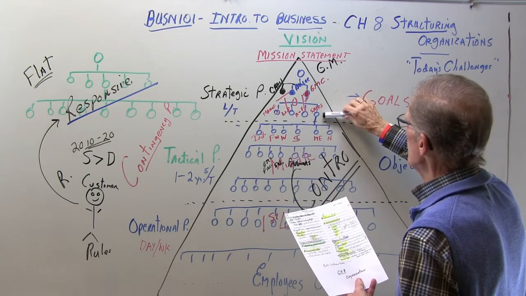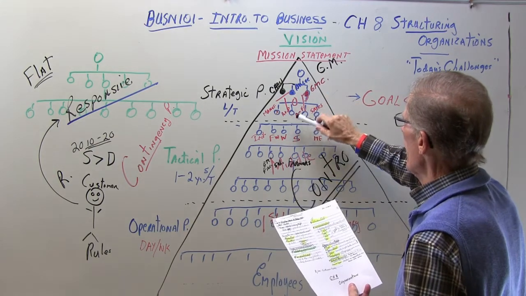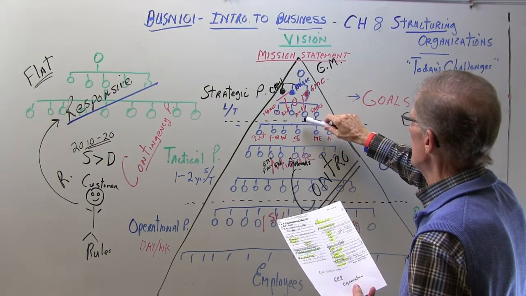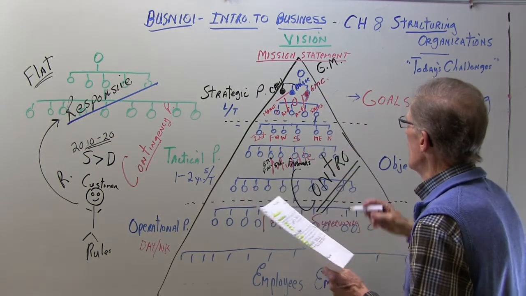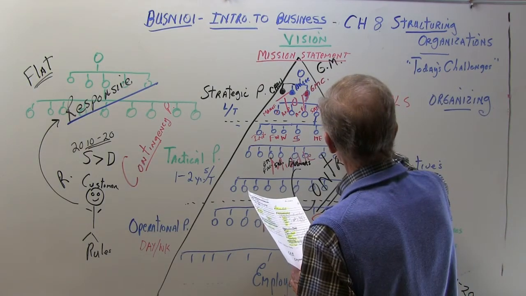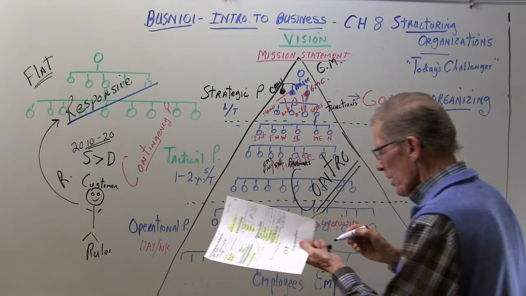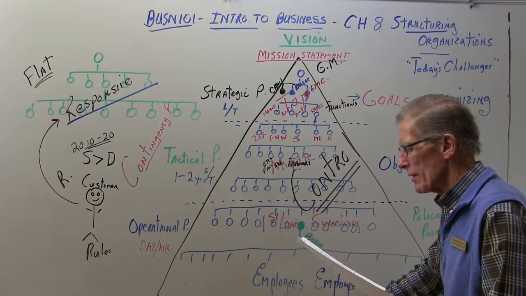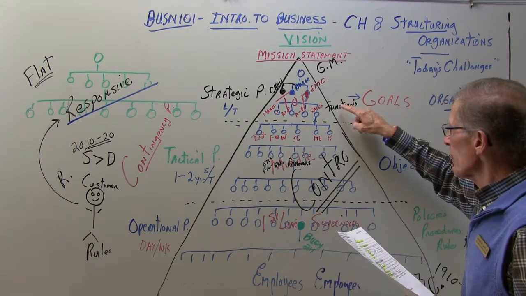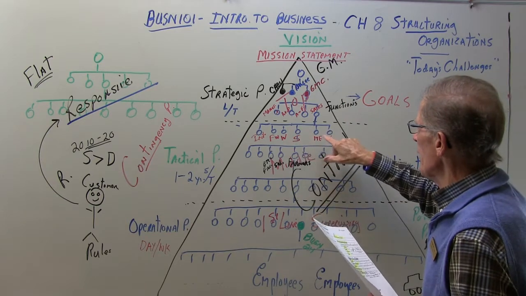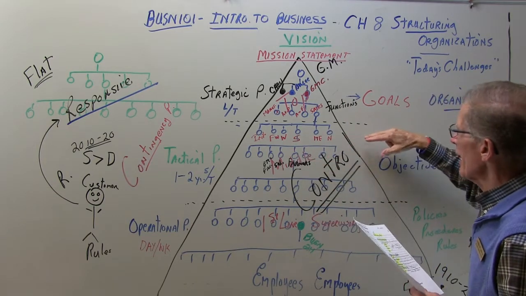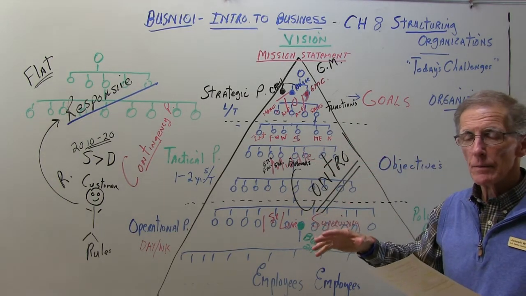This would be GMC sales, GMC manufacturing, GMC research and development, GMC accounting and finance. These are different functions. So I departmentalized by function there. This next level, north, south, east, west, I was departmentalizing geographically.